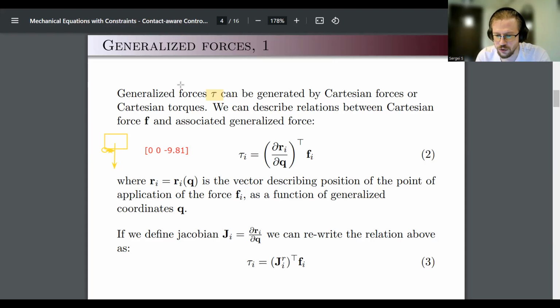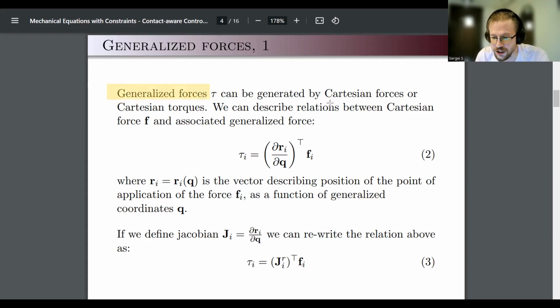Okay. So Cartesian forces and Cartesian torques are stuff that you studied in physics in high school, physics 1 in university, classical mechanics that wasn't Lagrangian mechanics, right? Like Newtonian mechanics, all of this. That is what I call Cartesian forces and torques. Okay, good. Now, those can generate generalized forces.